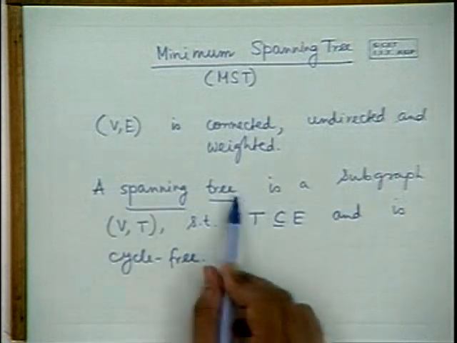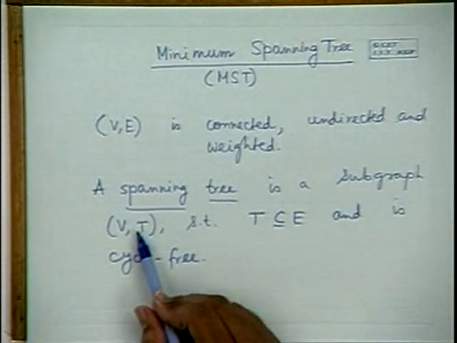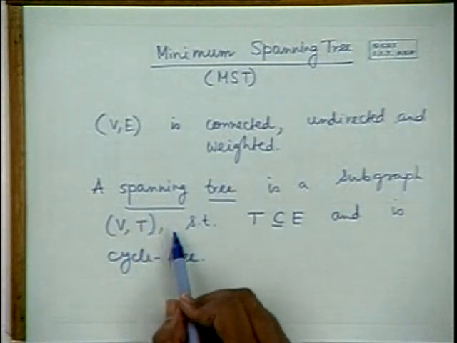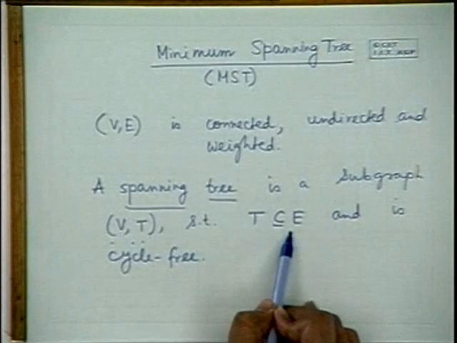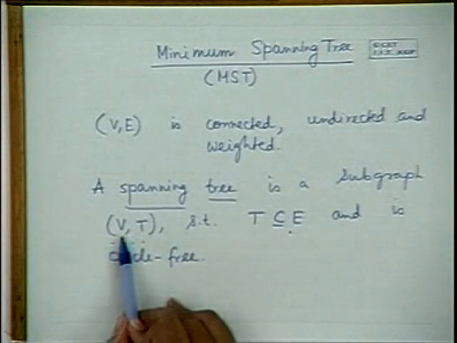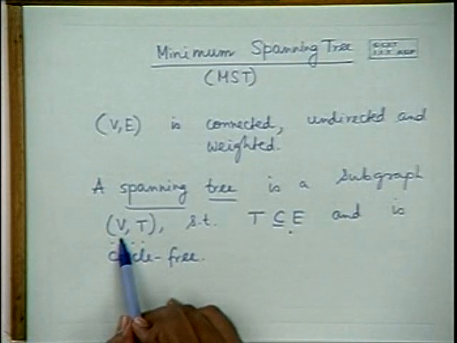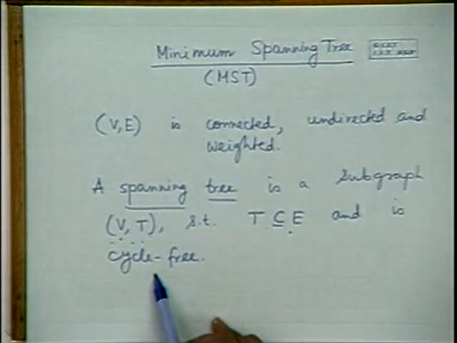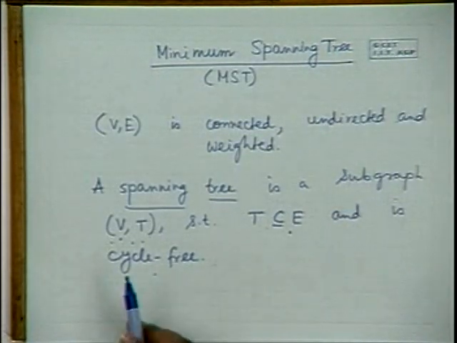So basically a spanning tree is a subgraph of the given graph. That subgraph itself is a tree which spans all the vertices, and that's what our notation (V, T) here means. T is a subset of E and it spans all the vertices because I have taken V here. And why is it a tree? Because it's cycle free. That is called a spanning tree.